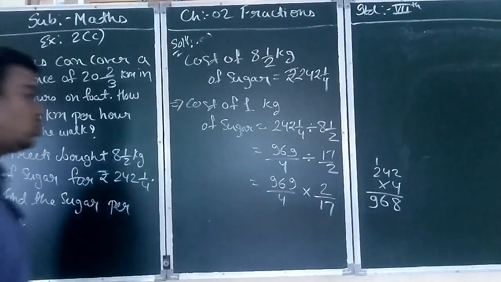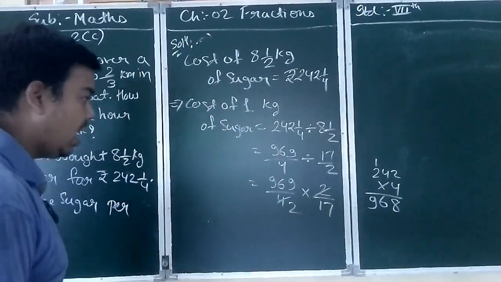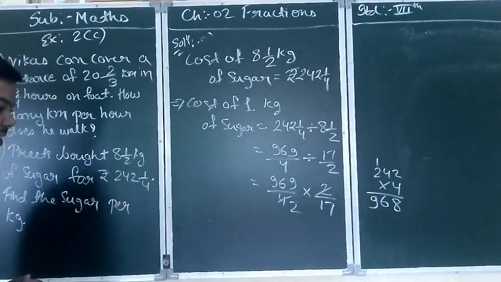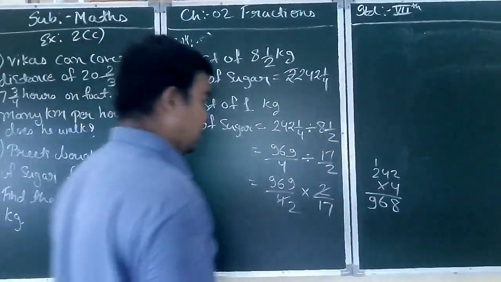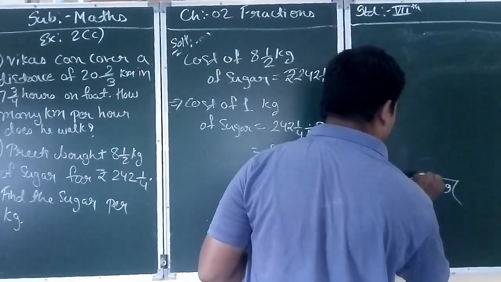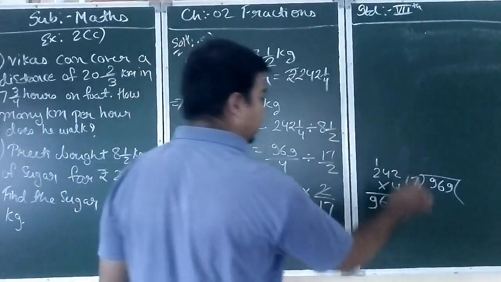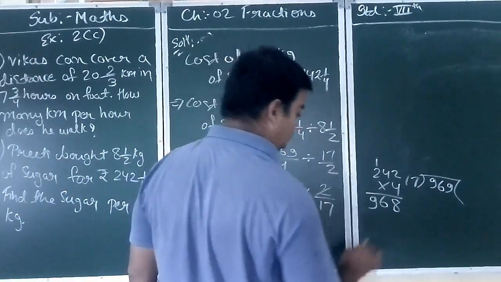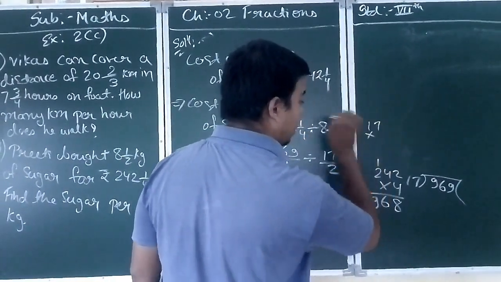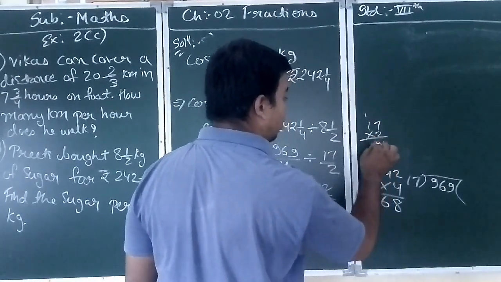Okay, so 2 into 4 and 969 divided by 17.